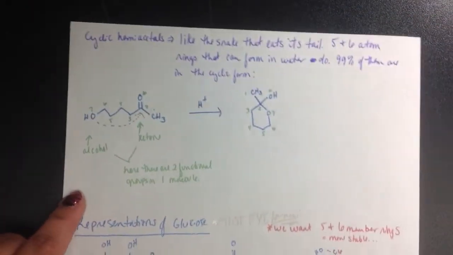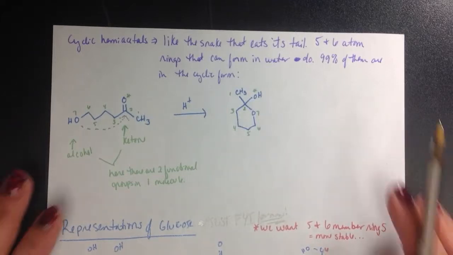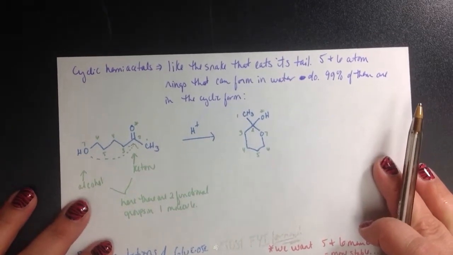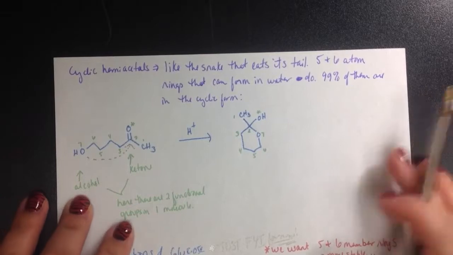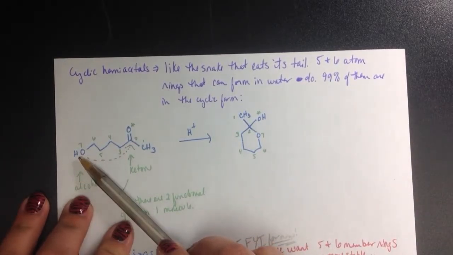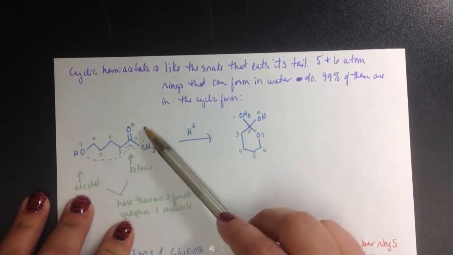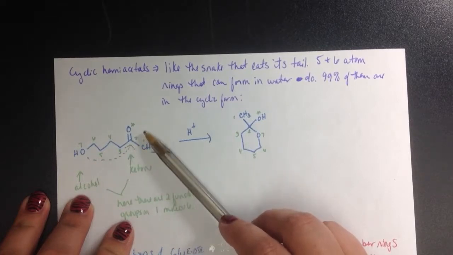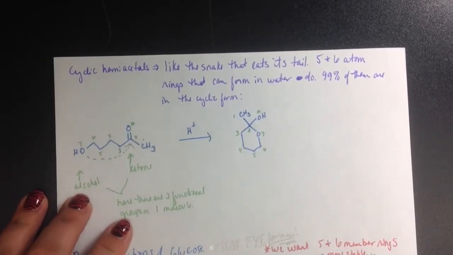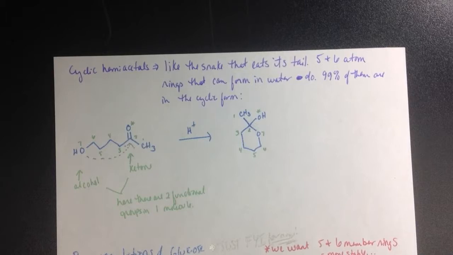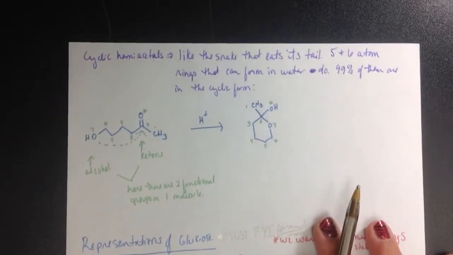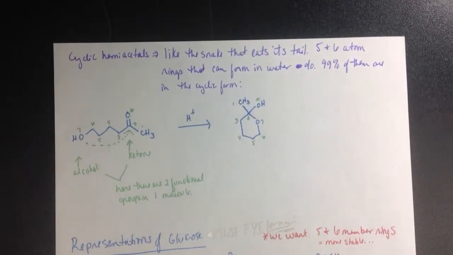And here's why. An oxygen can react with itself in this case. So this would be a cyclic hemiacetal. Remember, it's easier for you to touch your own toe than for you to go down the hall, find somebody else, and touch their toe.